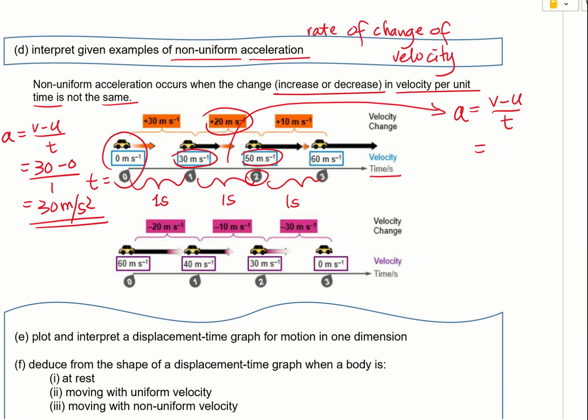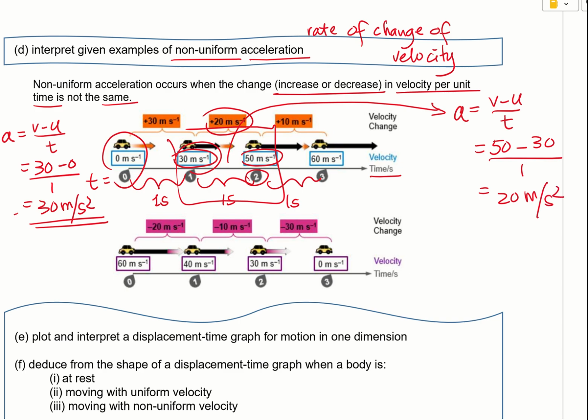The final velocity is 50, but now I've got to use the initial velocity of 30 because now I'm examining this time frame. So 50 minus 30 over 1 second, it will be 20 meter per second square.